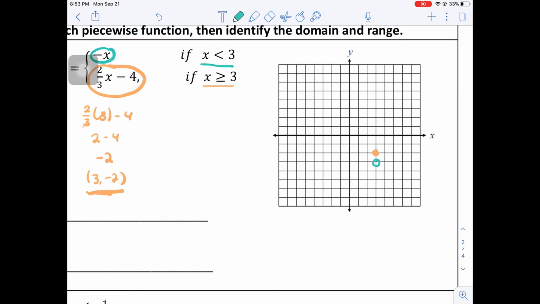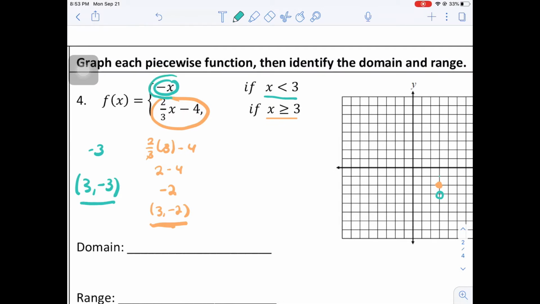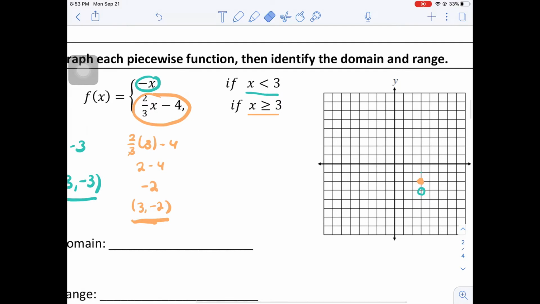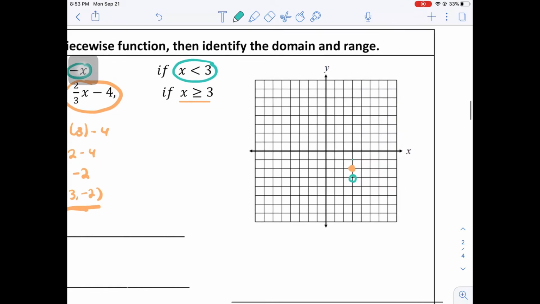After we plot these boundary points, it's really just making sure we correctly follow the slope. So the slope of this top equation is -1, okay? The other thing we need to know is the direction of travel. This is saying for all x's less than 3. So my x's that are less than 3 are going to the left here. So then we need a slope of -1 going to the left.